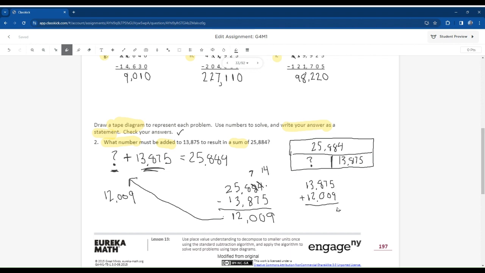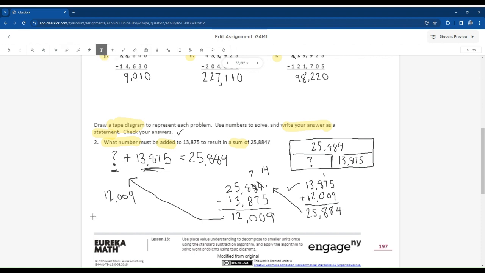5 plus 9 is 14. 1 plus 7 is 8. 8 plus 0 is 8. 3 plus 2 is 5. And 1 plus 1 is 2. Does this number match that number? Yes, it does. So we're on the right track.